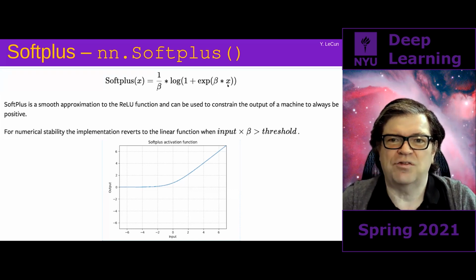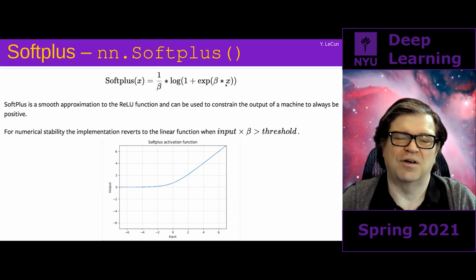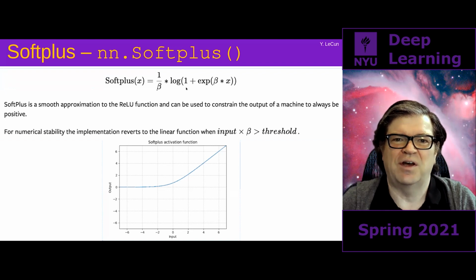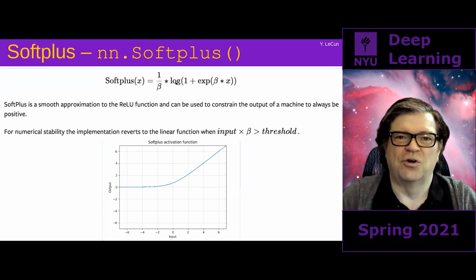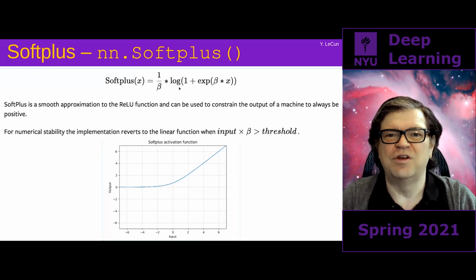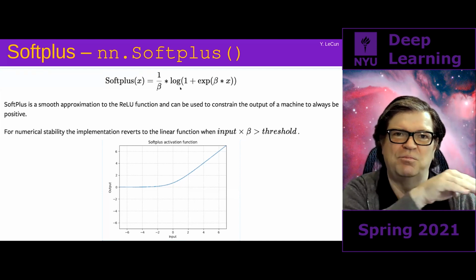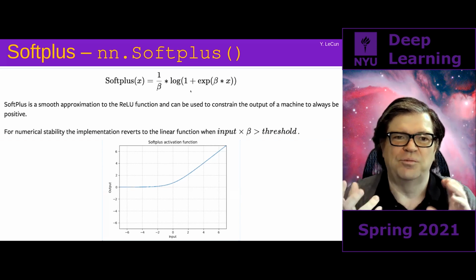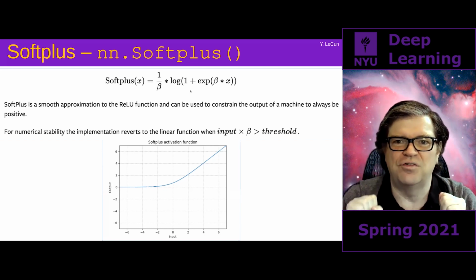And for x negative, the exponential of something negative is close to 0. So this becomes log 1, right? And that's basically 0. So you can tell that this function smoothly transitions between being close to 0 and being close to the identity. And the speed of that transition is this beta parameter.